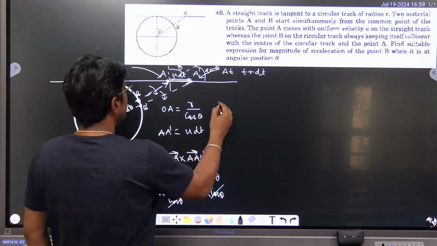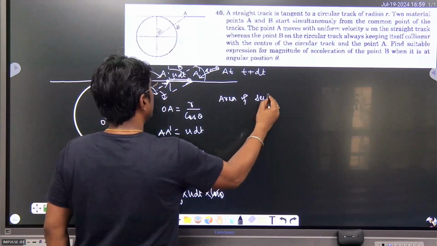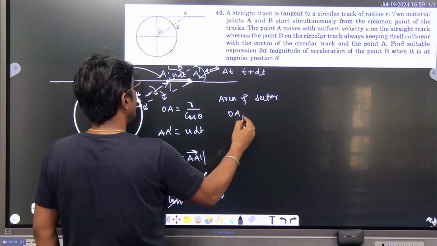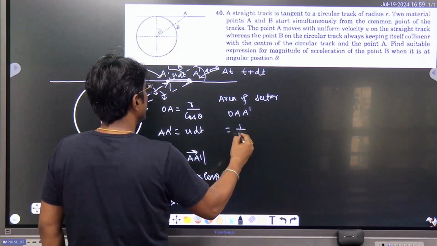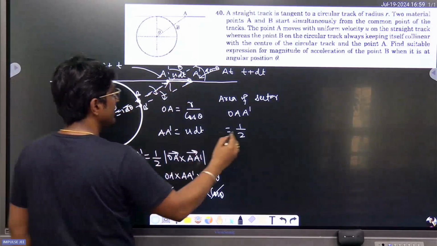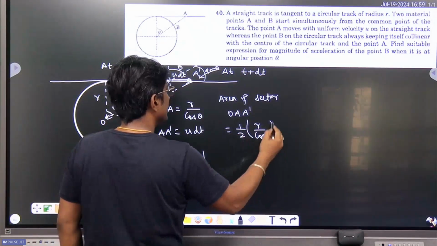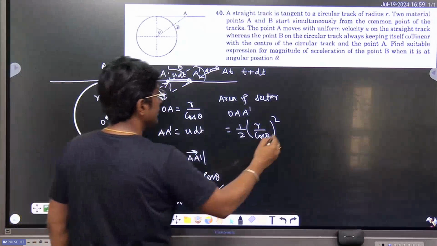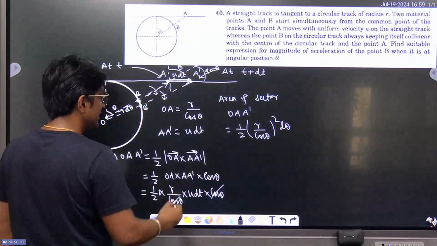From the area of the sector, OAA prime can be written as half times the radius, which is R sec theta, meaning R by cos theta, squared, times the angle subtended at its center, which is nothing but d theta. So these two must be the same.